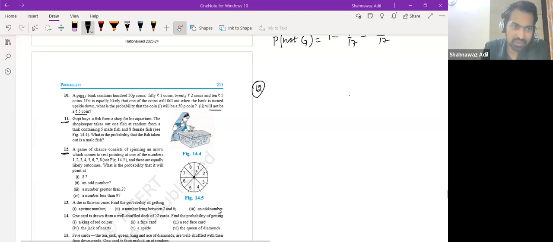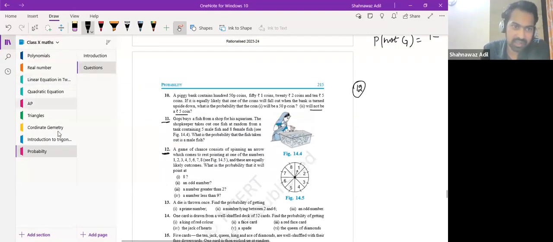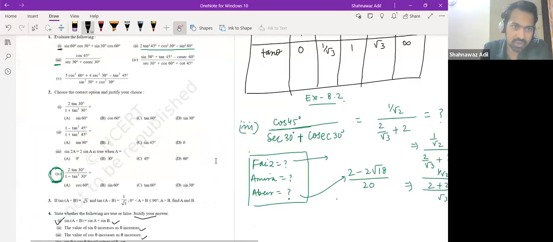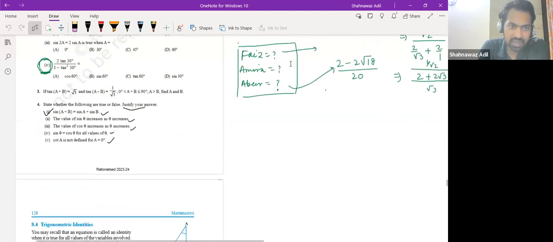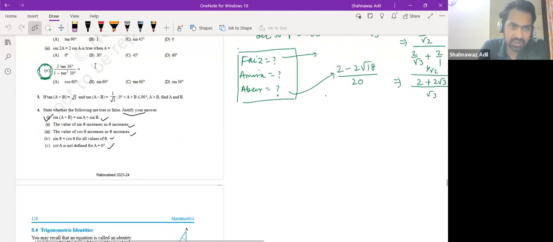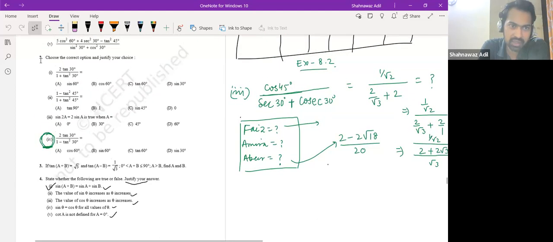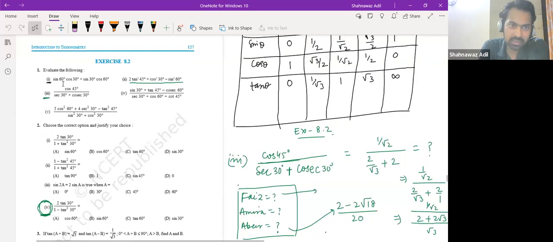Okay. So where were we? We were in the introduction to trigonometry, right? So we completed this. Did you guys try the second question? Did you guys complete this one?